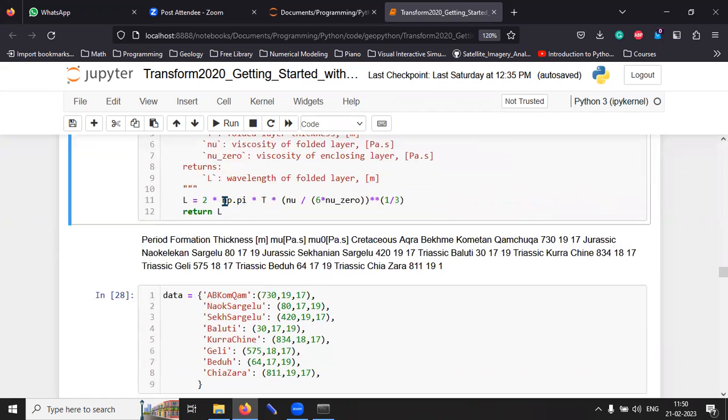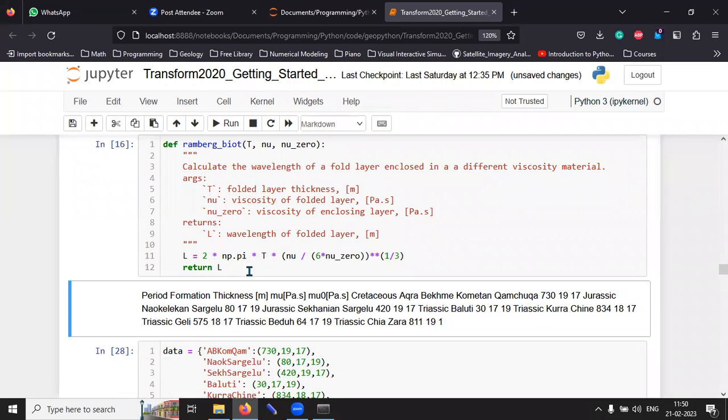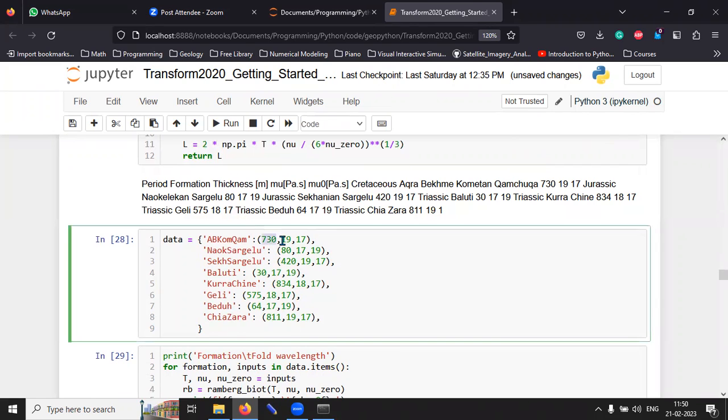So the famous Biot-Ramberg equation is written in this particular manner, and I've written a function. I have taken some data where I have provided the thickness of the unit. Then I have put in the competent unit's viscosity, and then I have put in the surrounding rocks' competence.